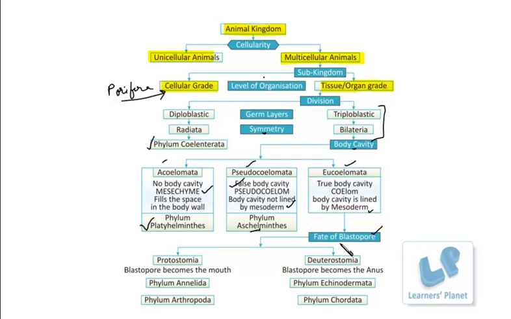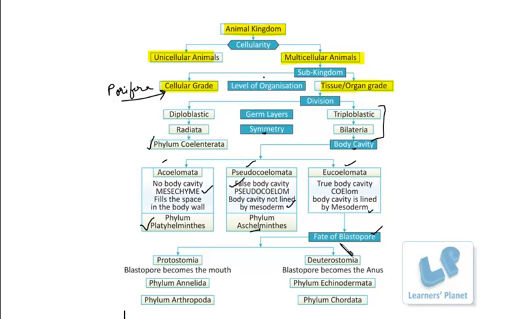This zygote undergoes cell division, and then forms a group of cells known as blastula. Then a cavity is generated, and there is an opening in such a structure, and that opening is known as the blastopore.